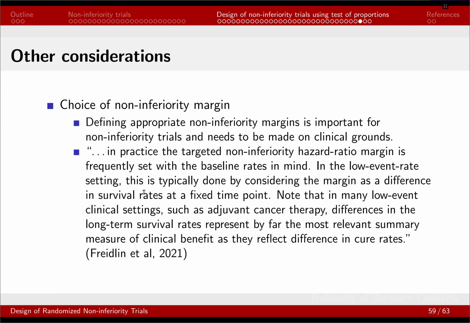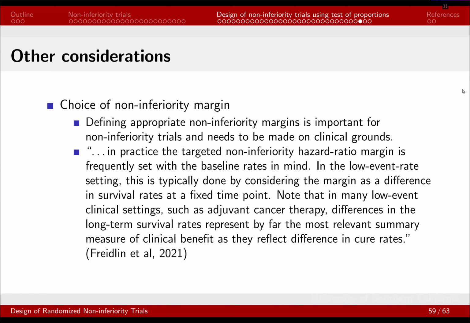In a low event rate setting, this is typically done by considering the margin as a difference in survival rates at a fixed time point. Note that in many low event rate settings, such as adjuvant cancer therapy, differences in the long-term survival rates represent by far the most relevant summary measure of clinical benefit, as they reflect the difference in cure rates.